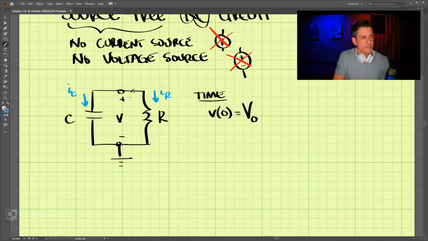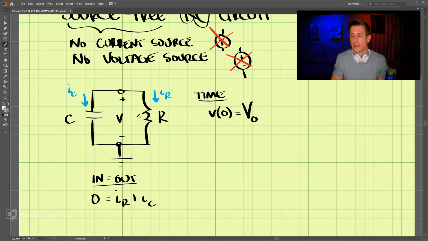So since we have nothing, we're going to do in equals out up here. So coming in, we have 0. And going out, we have IR plus IC. Both of these going out.